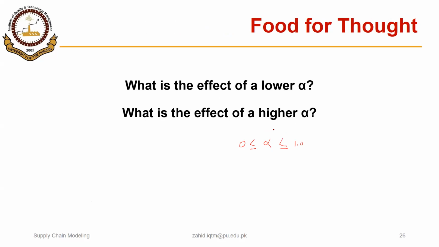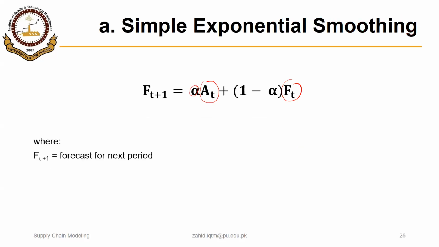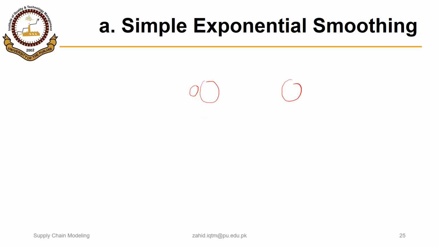So that is the range for alpha. Should it be closer to 0 or closer to 1? Is there a way to decide this value of alpha? We will see this point in some detail.